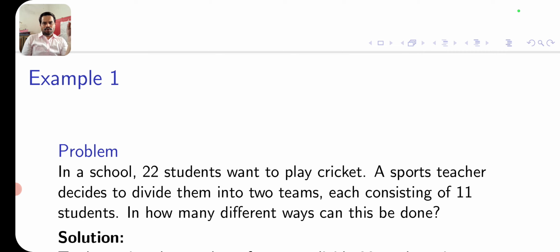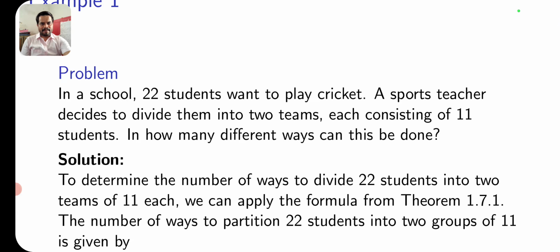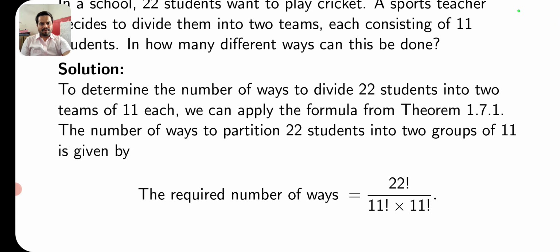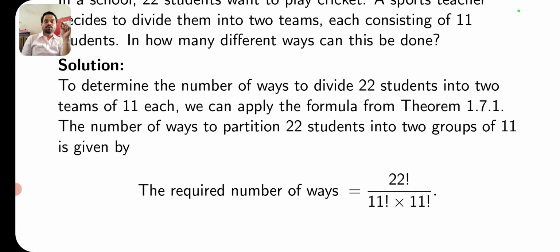So you can recall your theorem. If m plus n elements are there, then you can partition them into two groups, and it is given by m plus n factorial divided by m factorial into n factorial. The same theorem we have to apply for this example to determine the number of ways to divide these 22 students into two teams of 11 each.